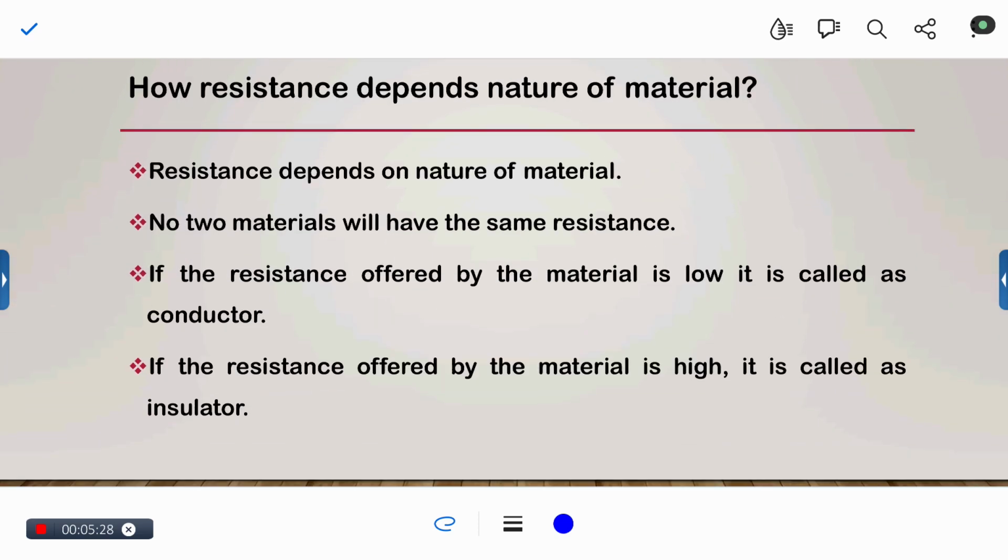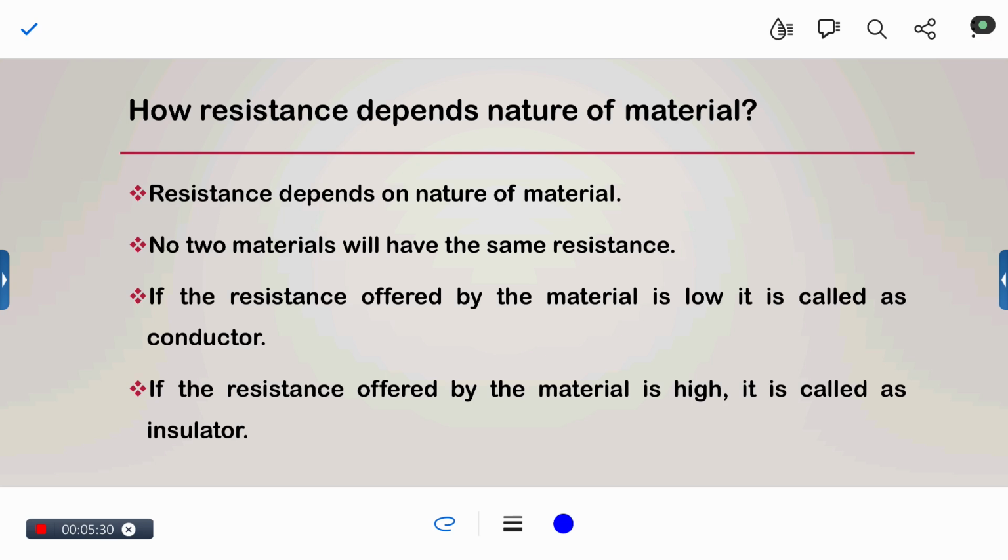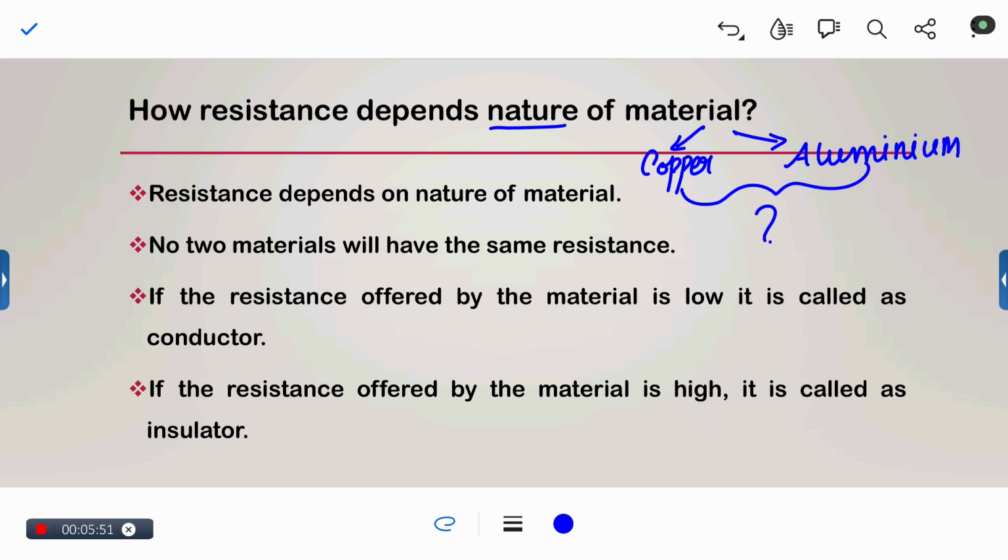How it depends upon the nature. Nature in the sense, for example, let's take two wires. One wire is made up of a material called copper, and another wire is made up of aluminum. Whether these two materials will have the same amount of resistance? The resistance will vary from one conducting material to another.